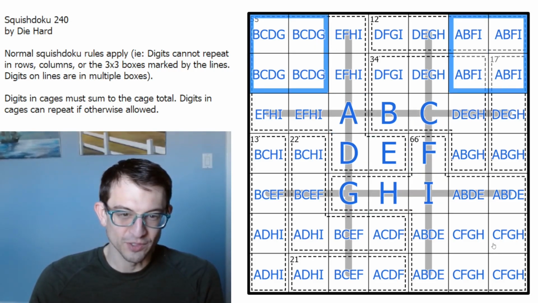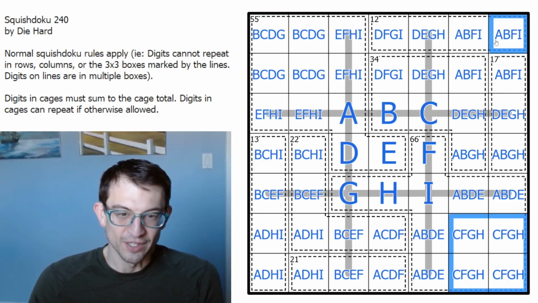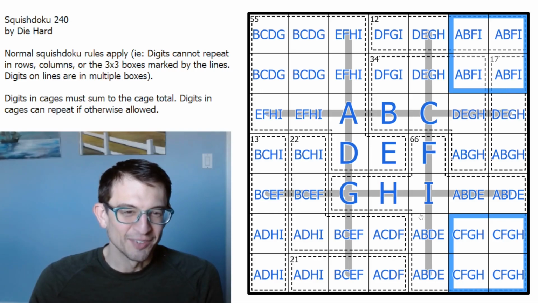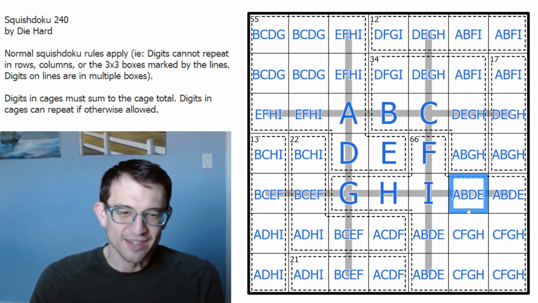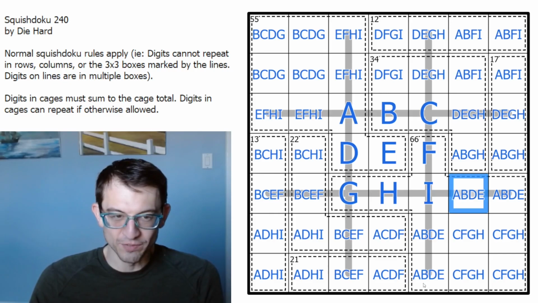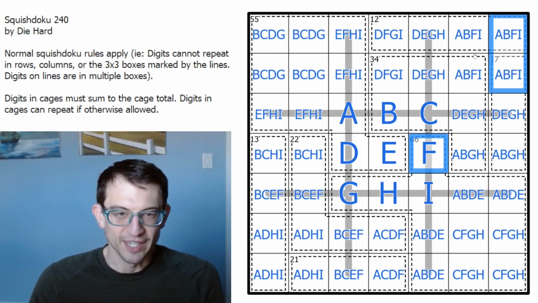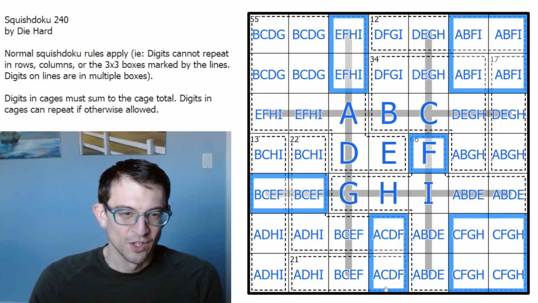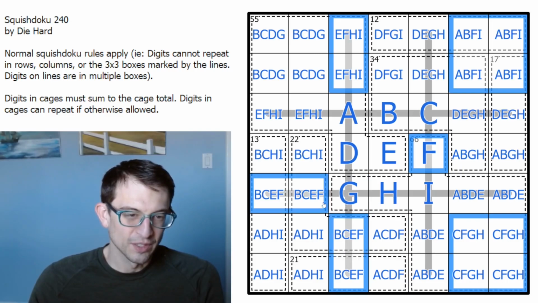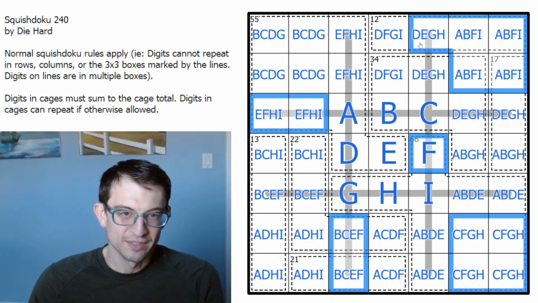So B is in those 2, D is in those, not D, what's in those 2? F is in those 2, right? And then a windmill of some number of other places. So for F, it's in those 2 corner boxes, and then a windmill like this, or a windmill like this.